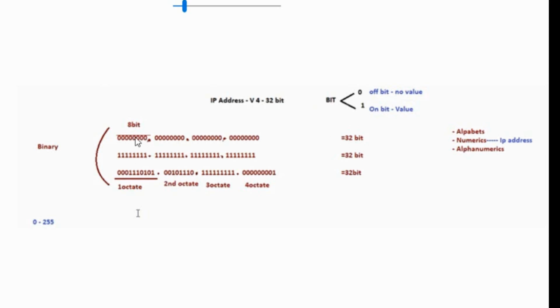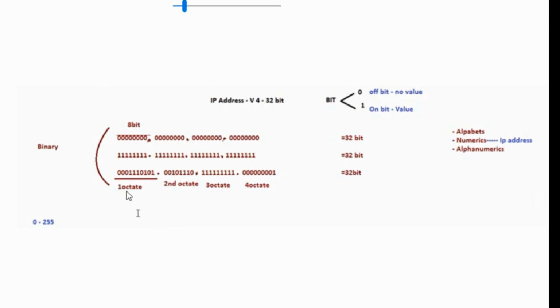As you can see with my mouse pointer, there are 8 zeros in each portion. We can compare this with the 0 bit, which has no value. And over here we can see all 1s, so on and so on, which is the on bit, and it has a value.